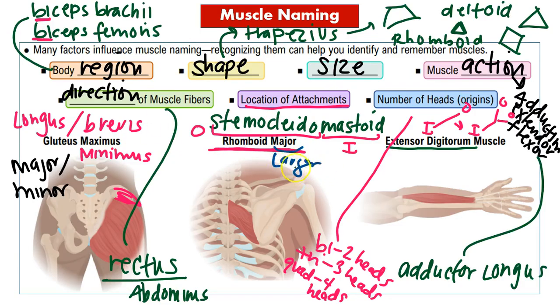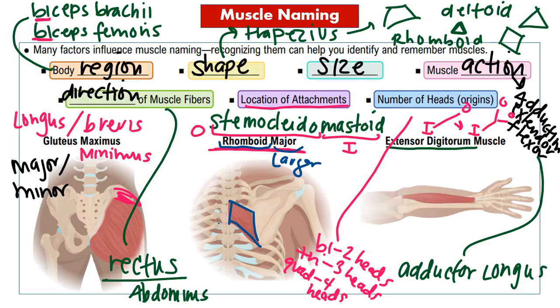But also we know that it's going to have a smaller, or minor, counterpart. Another thing we see from this name is going to be what? The shape. Rhomboid is going to be like that diamond shape. Okay? Not perfect, the diamond shape you saw up here, but that's what you see. So it's giving you the shape and the size of this muscle just by its name itself.